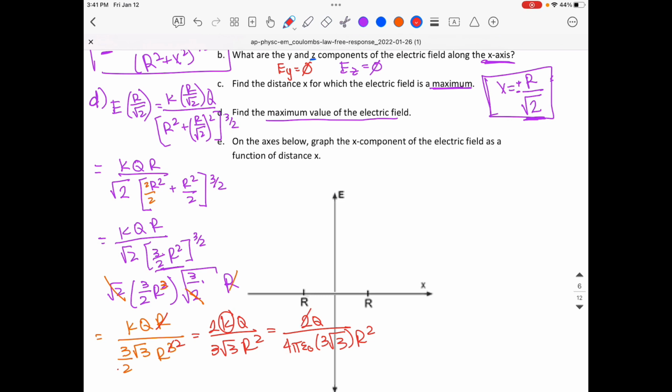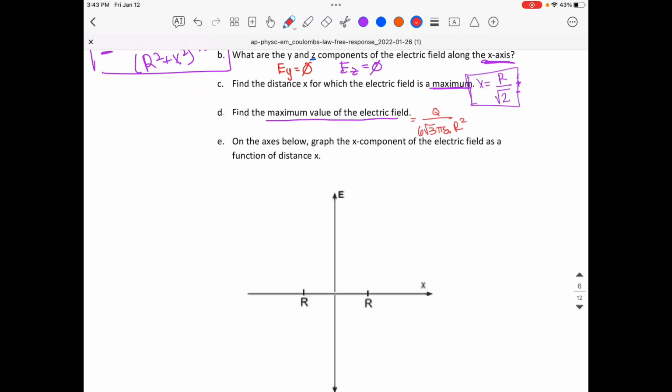This reduces down to 2, and I get Q over 6 root 3 pi epsilon naught R squared. And that's exactly the answer in part D.